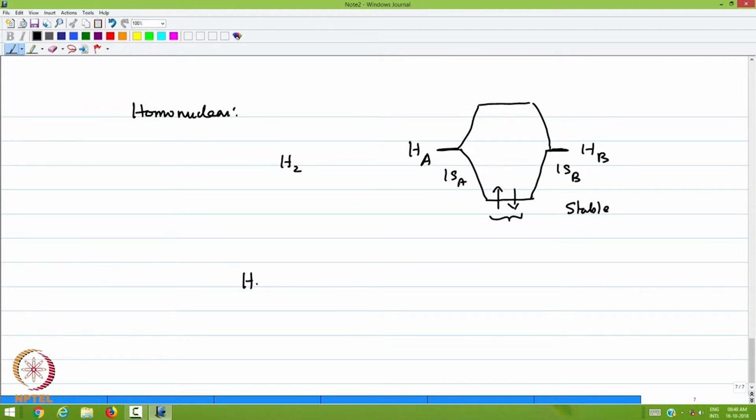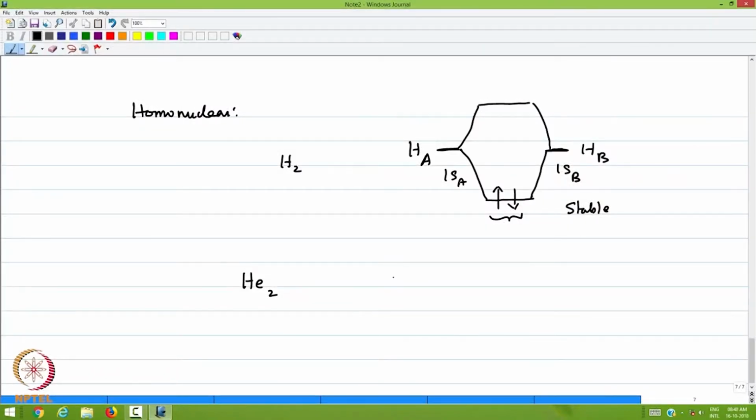In the case of helium 2, the dimer, if you assume that the two electrons of the helium do not interact with each other, there is no electron correlation, then the helium 2 can also be extended from the hydrogen atom by writing this helium A and helium B. And you can see that if you fill this, of course, this energy gap will be different from that of the hydrogen atom, but that is not our point here.